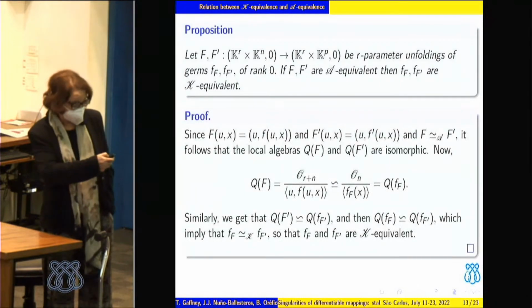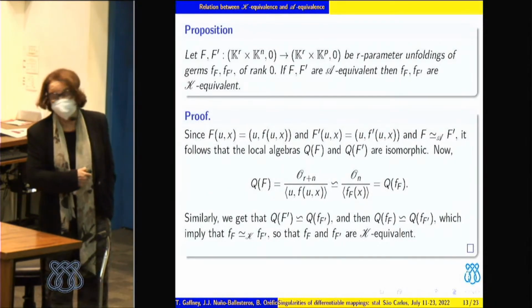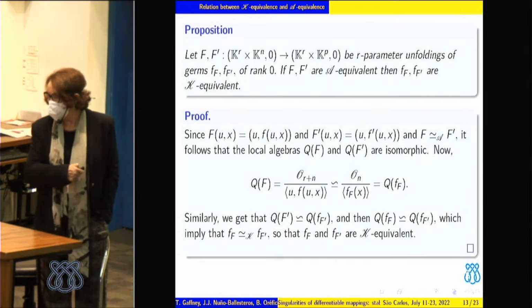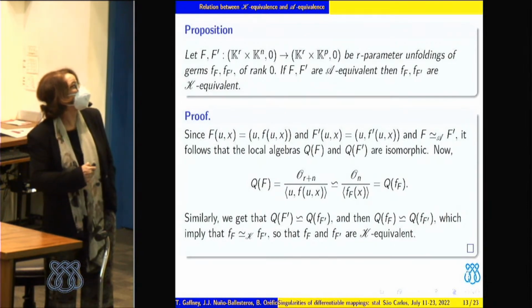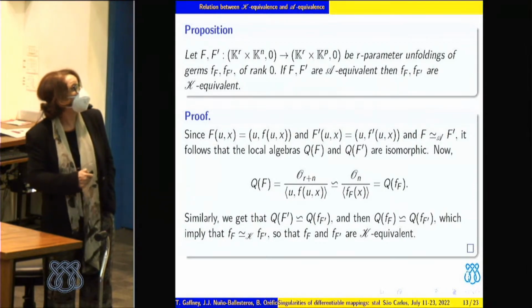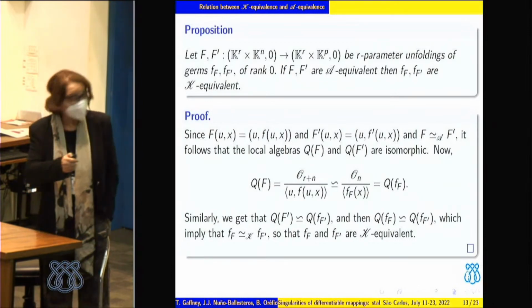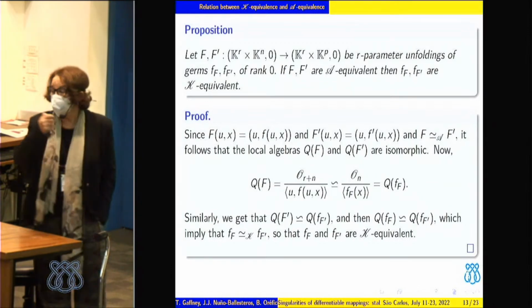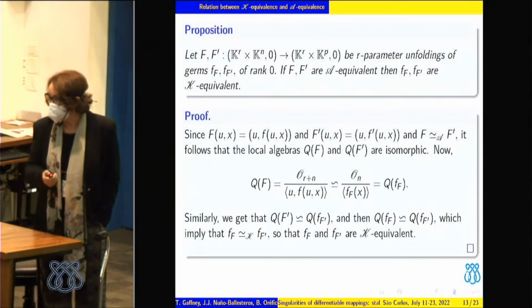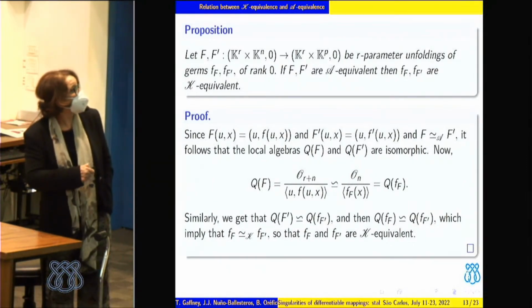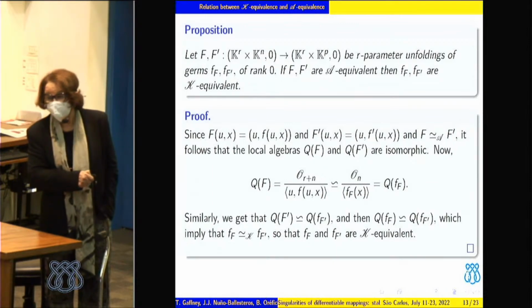We use the previous lectures by Bruna and Roberta to quickly prove this. Because as Roberta said, if F and F prime are A equivalent, then they are K equivalent. And if they are K equivalent, their local algebras are isomorphic. But the local algebra Q of F is written here, which is clearly isomorphic to this, the local algebra of little f_F.